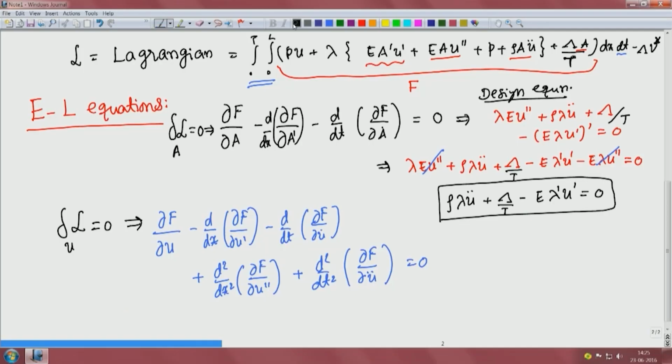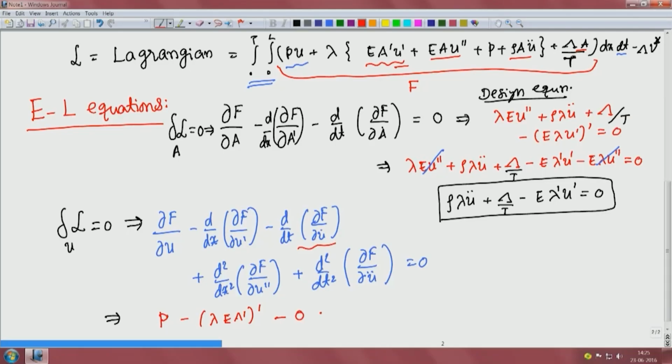This implies u is there, that is the only place u is alone, that will be p, dou f by dou u, and then we have dou f by dou u prime, that is over here. So, that gives us lambda e a prime, since u prime, d by dx, and u double dot is not there, so this will be 0.